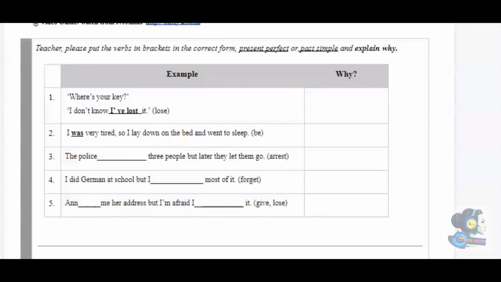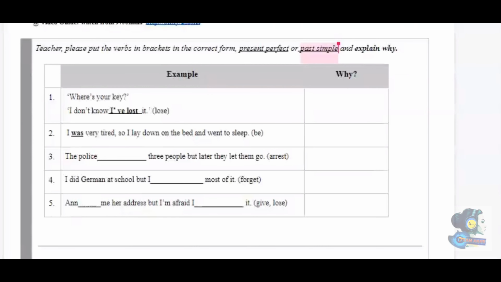First, present perfect is used to express unfinished events that started in the past and continue up to the present. While in past simple, the action already finished. So that was in the past.